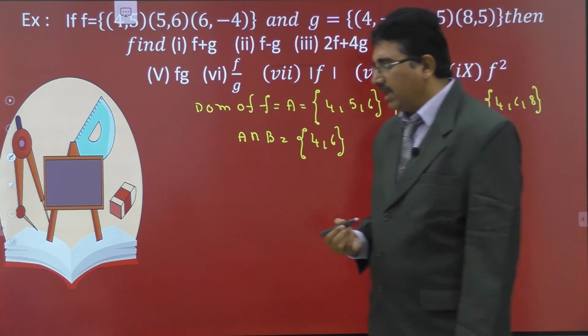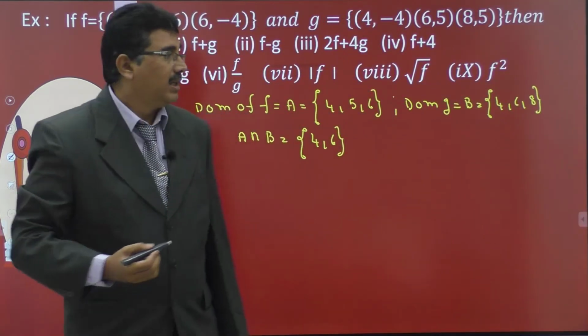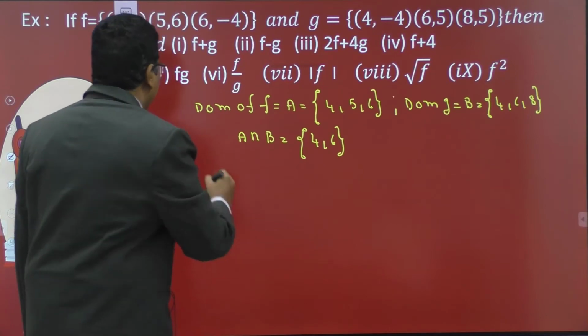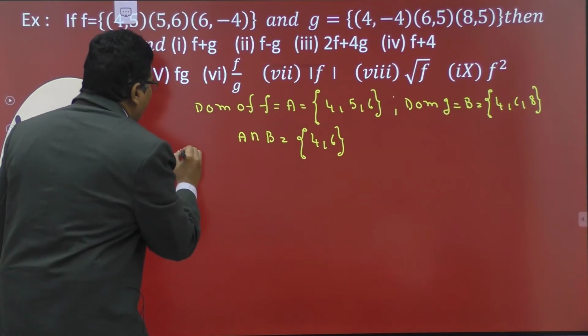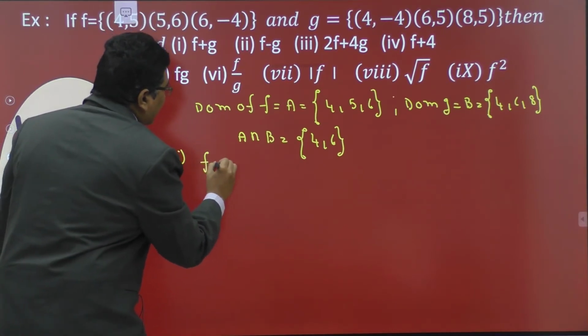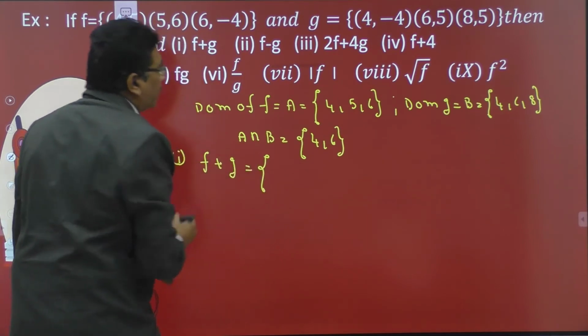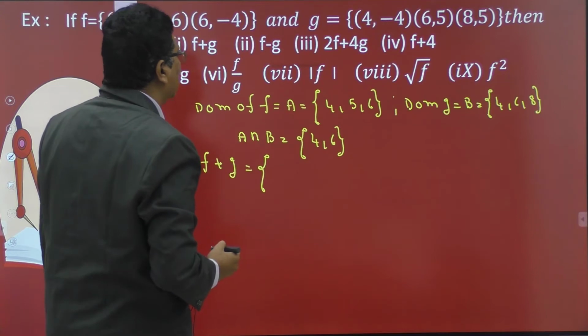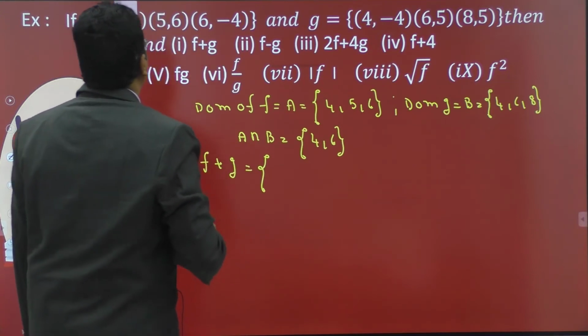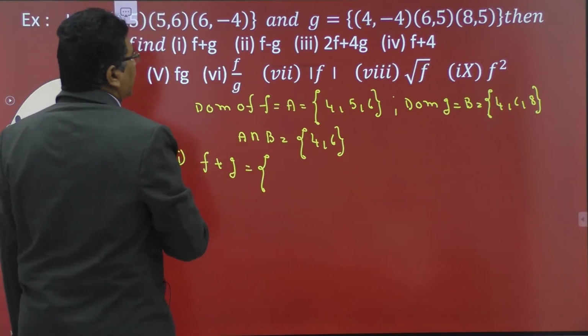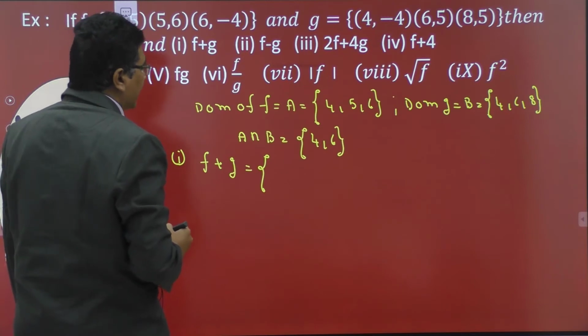Now the first one, f plus g is equal to the set of all ordered pairs whose domain is A intersection B, that is 4 and 6.